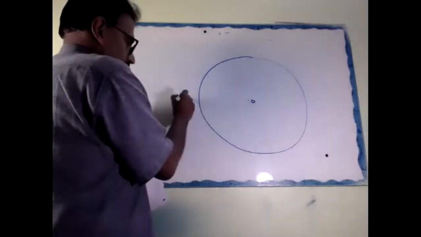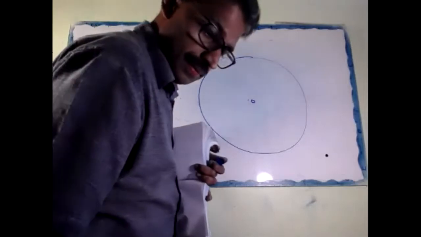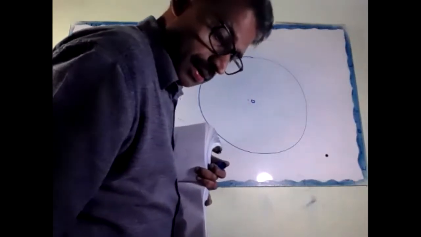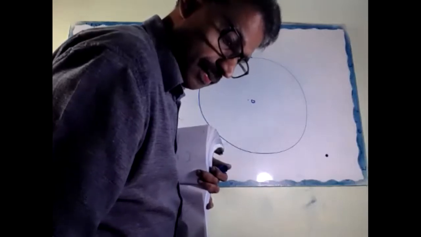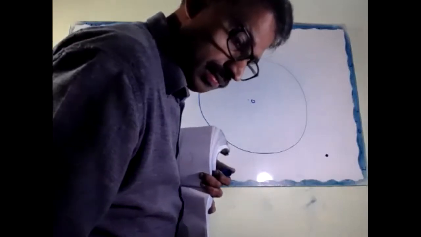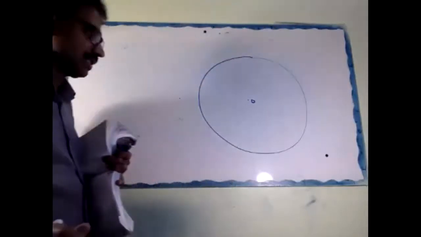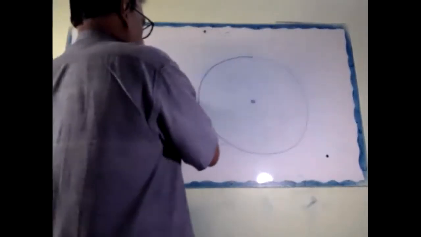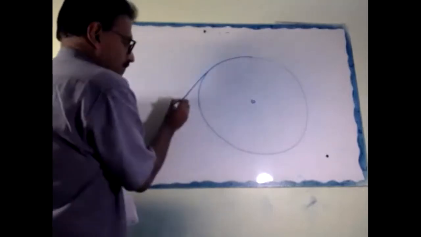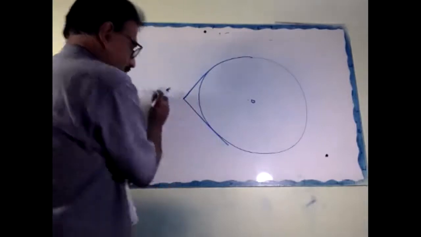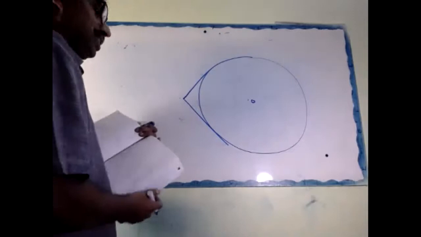Make them very close, then only it looks like 120 degrees. Otherwise the angle looks like 30 degrees only. If you draw it very far, it looks like 30 degrees. That's the only problem.